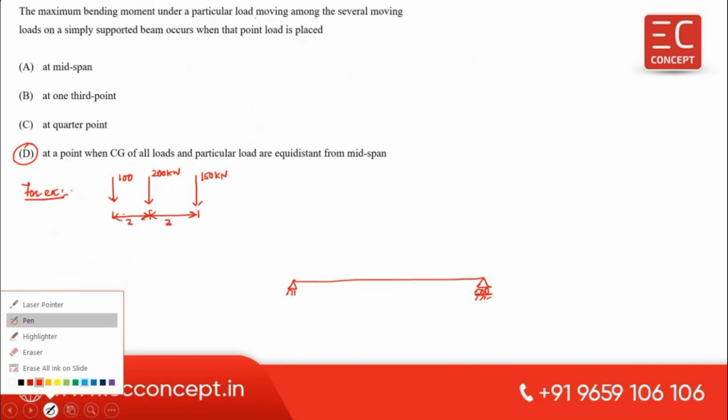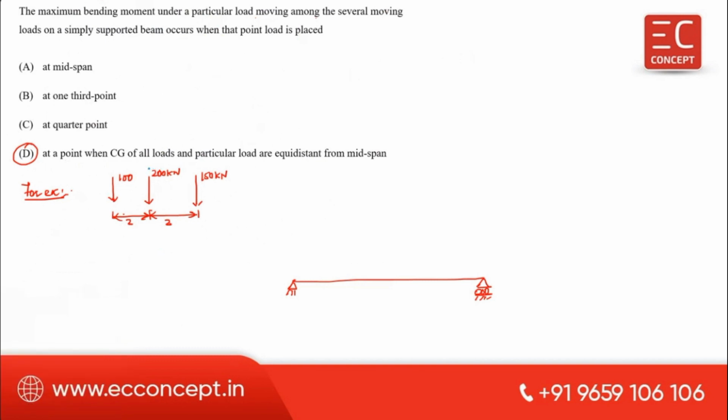The resultant force, we don't know where it is acting, somewhere here. The resultant force into x, according to Varignon's theorem, moment of resultant force about any point, I am taking moment about this point, is equal to sum of moment of system of forces.